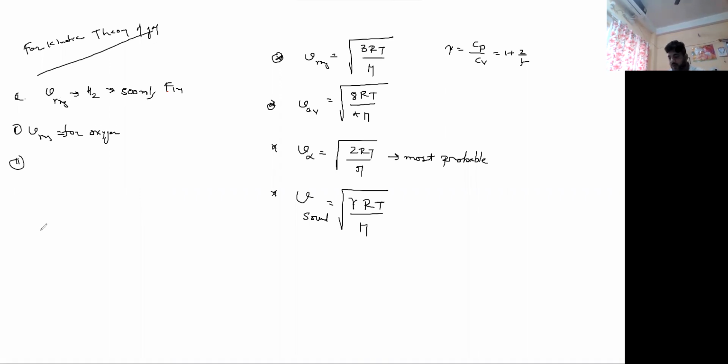Number two, they can ask you velocity of sound in oxygen medium. They can ask you velocity of sound in helium. Anything, they can ask you this type of question. So I can try one by one. See if you know any one. Okay, Vrms, and now you have to find out the Vrms of oxygen.